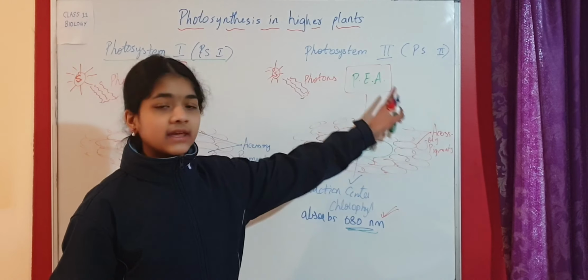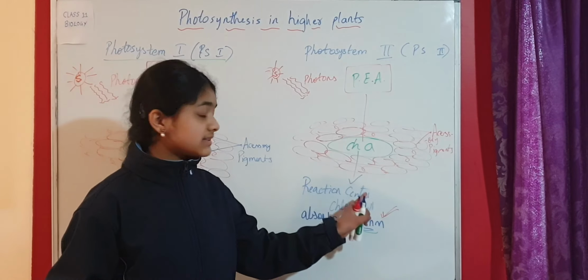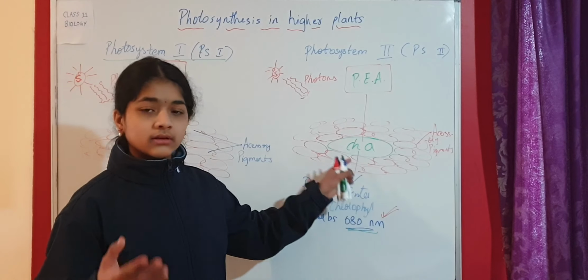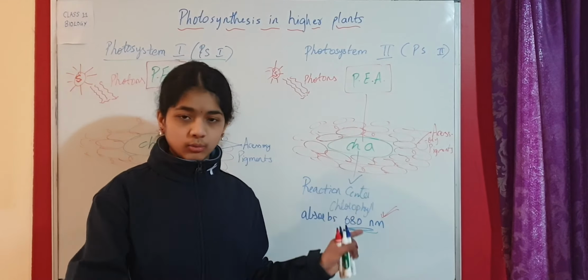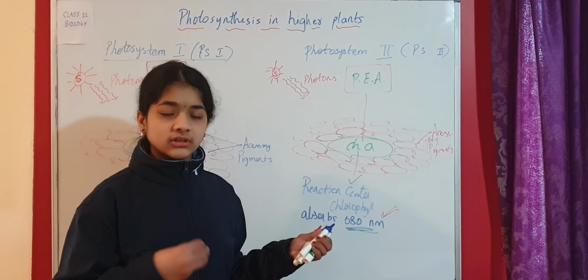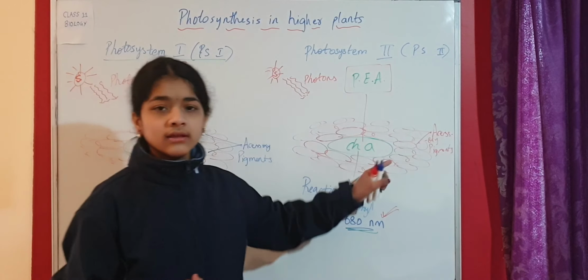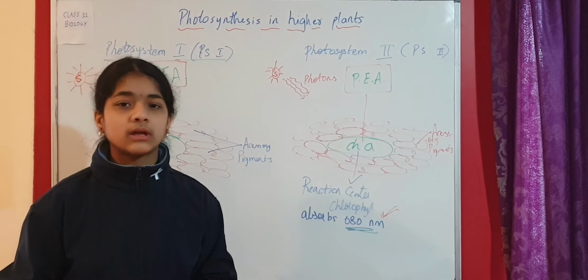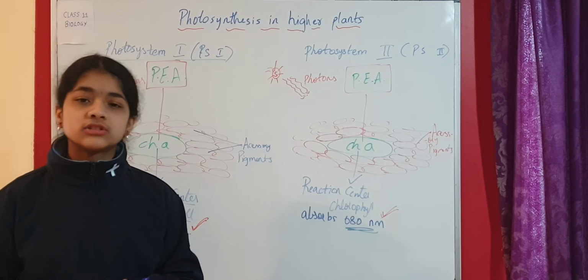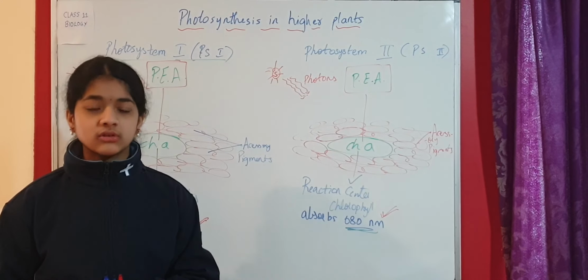So it comes back, and while it is coming back, the extra energy is emitted or radiated outwards, and that is called fluorescence, and it can be seen only in experimental plants. The extra energy which is emitted is in some color wavelength. So this is the structure of both photosystems, PS1 and PS2, and we have also looked at the quantosome and the process of fluorescence.